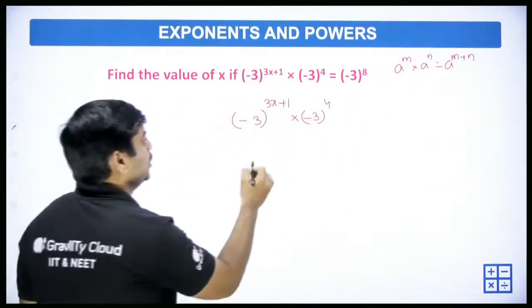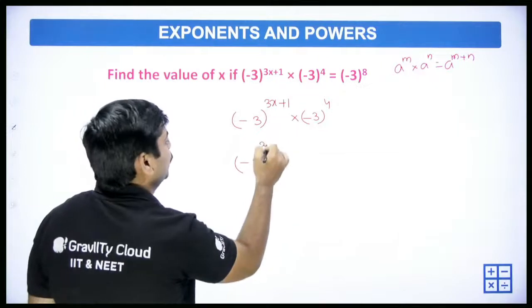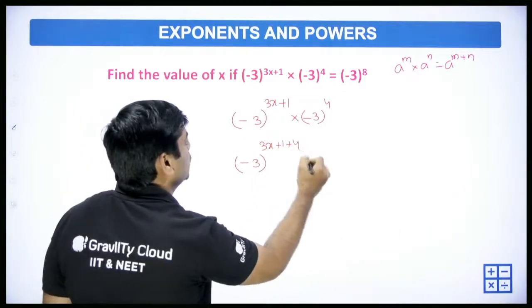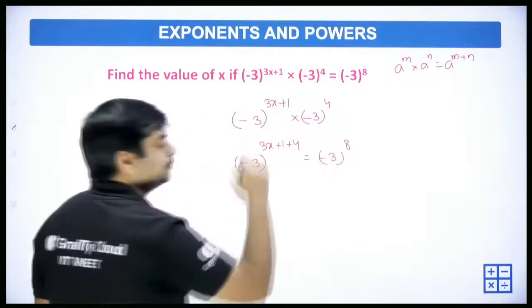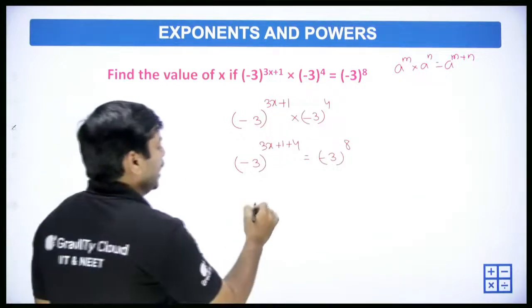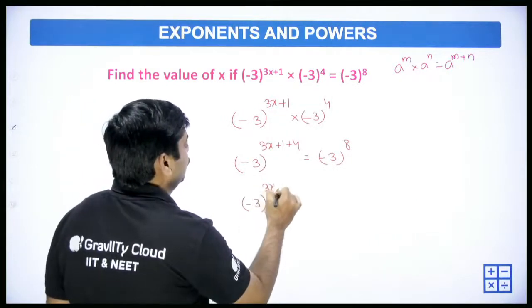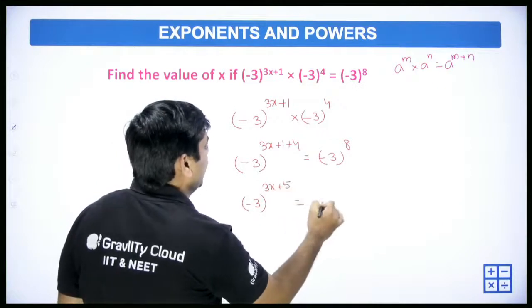So this is (minus 3) power 3x plus 1 plus 4, which is equal to (minus 3) power 8. That will give you (minus 3) power 3x plus 5 is equal to (minus 3) power 8.